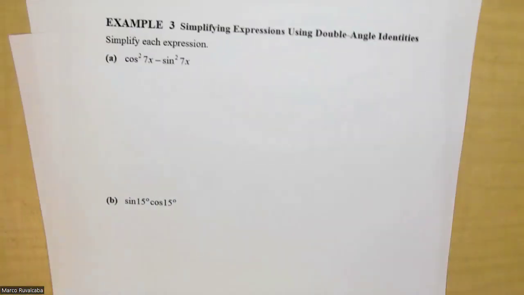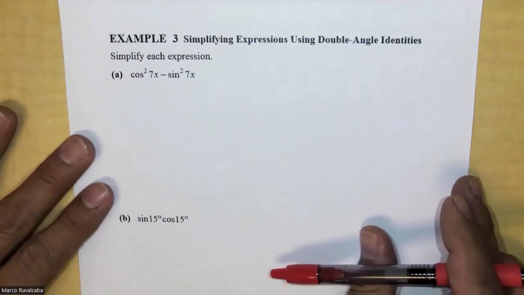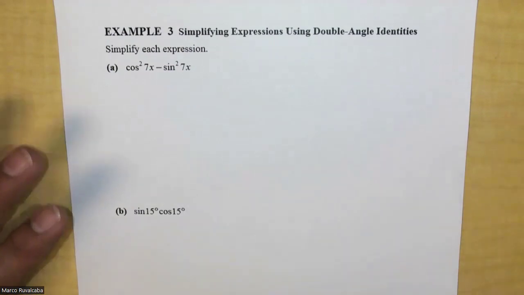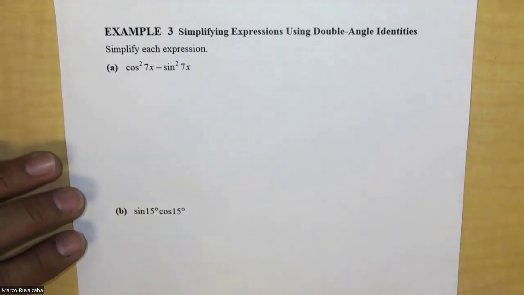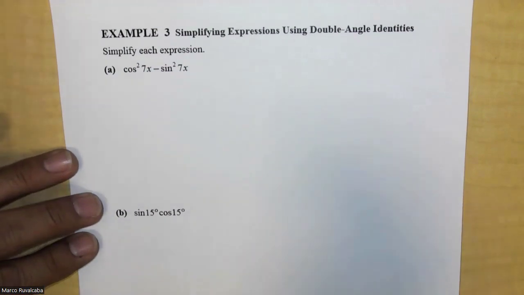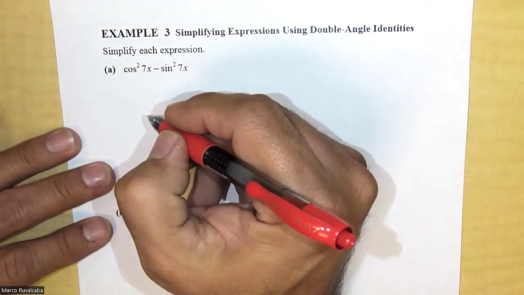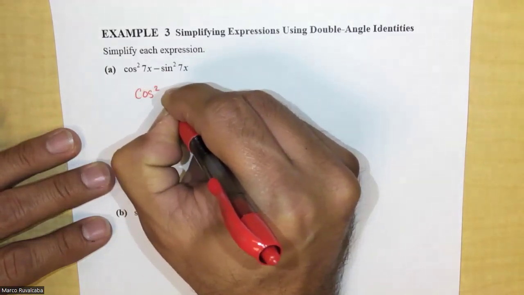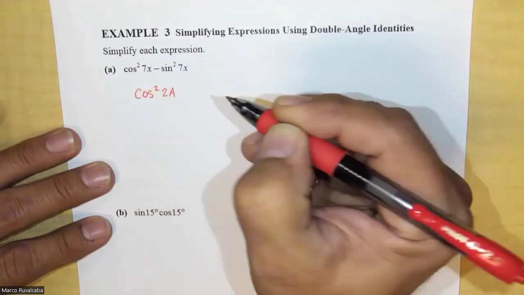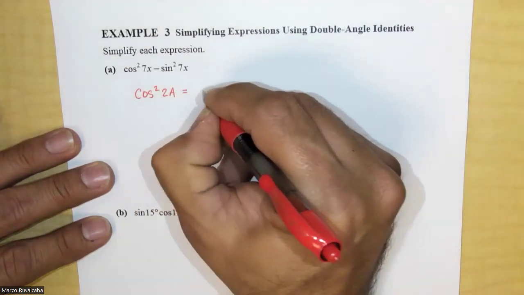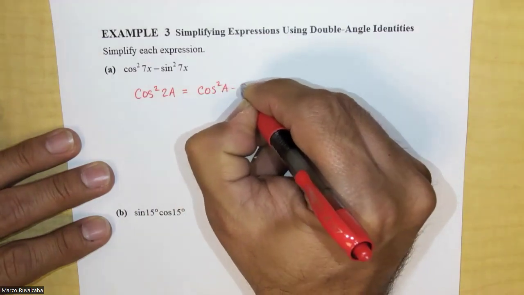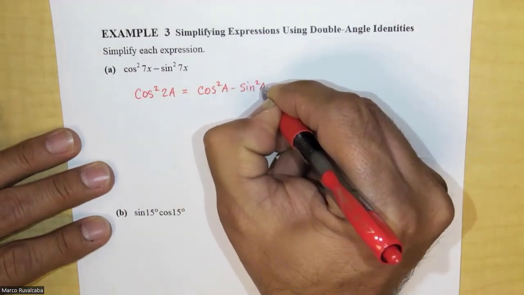Just like we simplify some of those expressions with square roots, sometimes you got to simplify an expression algebraically using double angle identities. So like this one right here. One of our double angle identities is cosine of 2a, or 2 theta, is cosine squared a minus sine squared a.